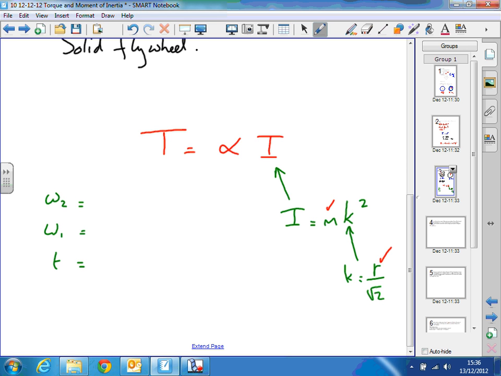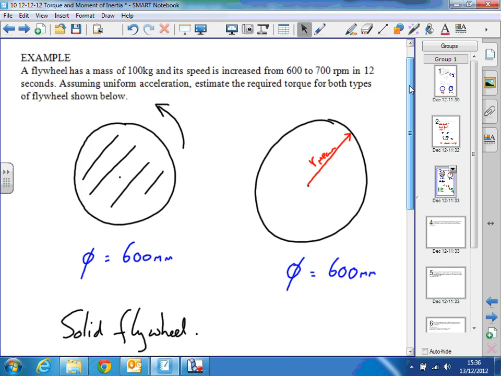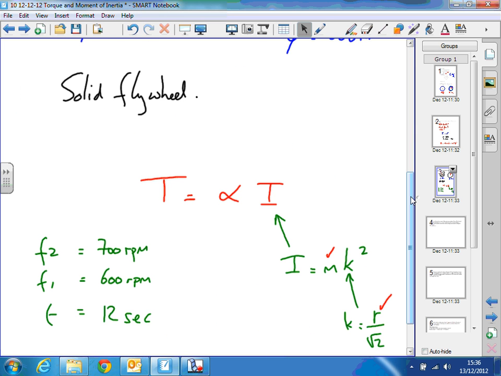So omega 2, the final angular velocity, is 700 RPM, and that's 600 RPM. But that's actually not angular velocity, that's the frequency, isn't it? So the frequency. And the time was 12 seconds, I think, wasn't it? Is that right? Yeah. What's the relationship between angular velocity and frequency?